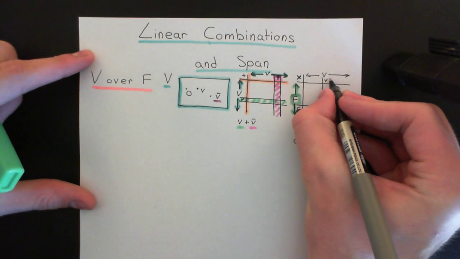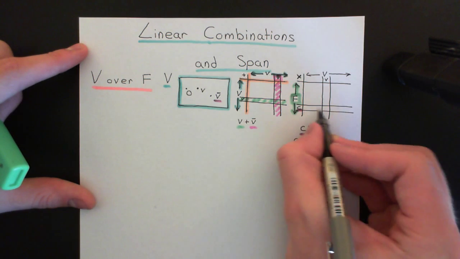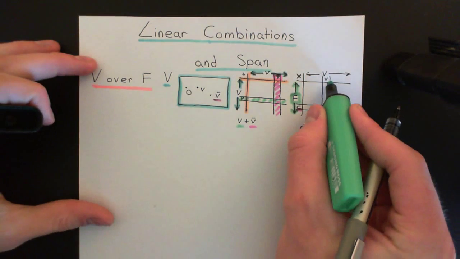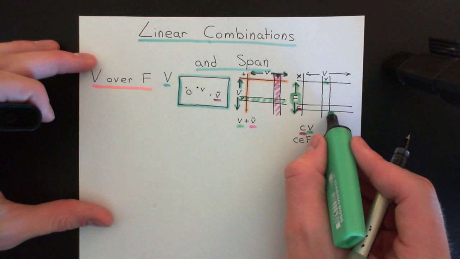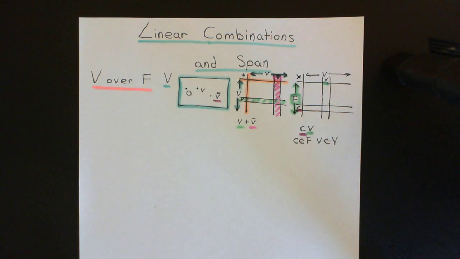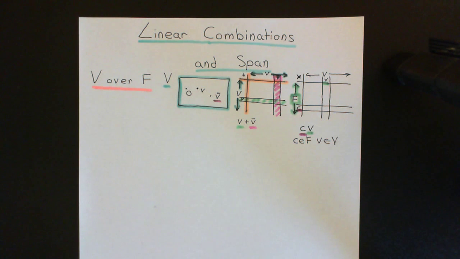So here we'll have this column dedicated to V, and then the place where the row corresponding to this field element C and the column corresponding to this vector space element V intersect, this box, will contain the answer as to what C scalar multiplying V is going to be equal to, and it will be some other vector in the vector space. So I can multiply any element of the field by a vector to get another vector in the vector space, and that operation is called scalar multiplication.